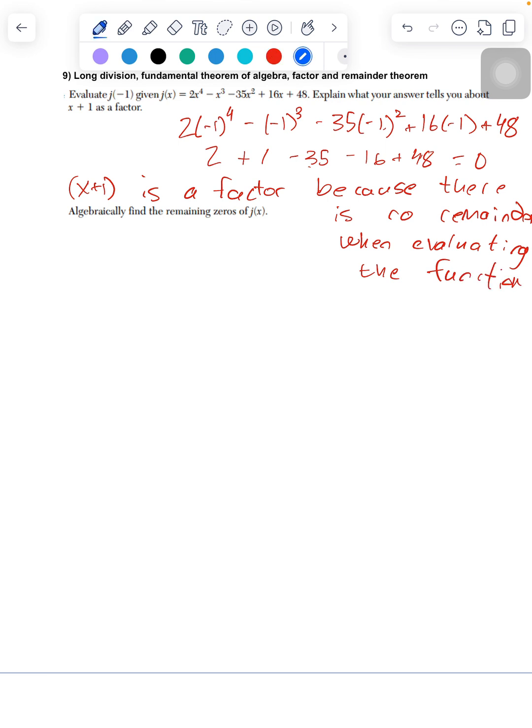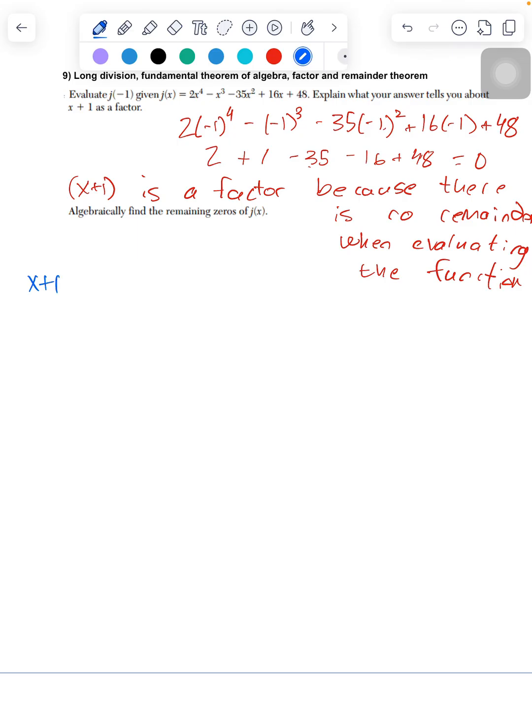I wish, right? So now we have to algebraically find the remaining zeros. So what do we do here? More long division, right? So we're going to divide this whole thing j of x by this factor x plus 1.